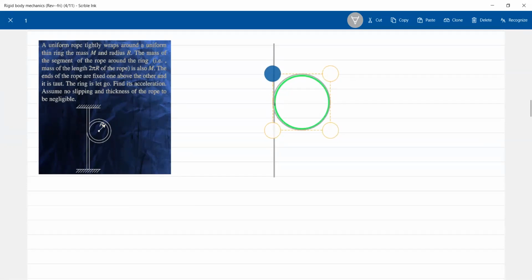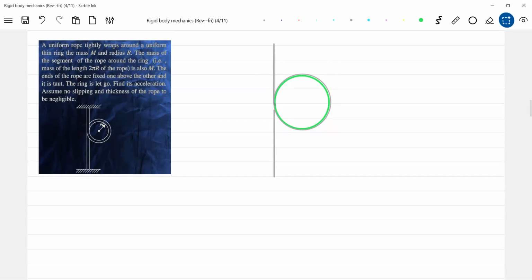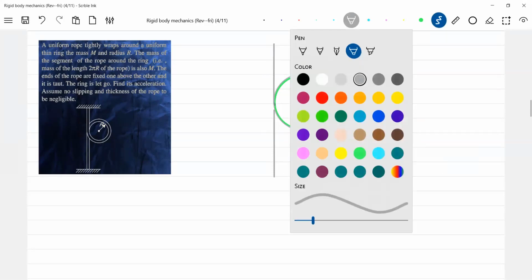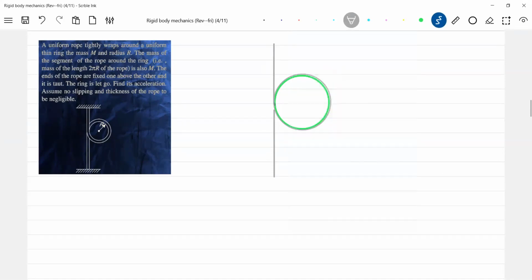Hope you are able to understand. This is something like this. There are two things here, the ring as well as the rope.